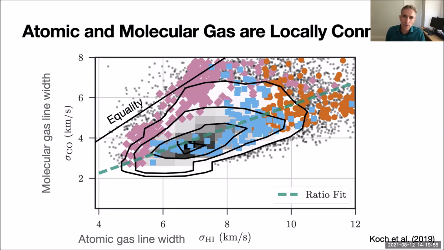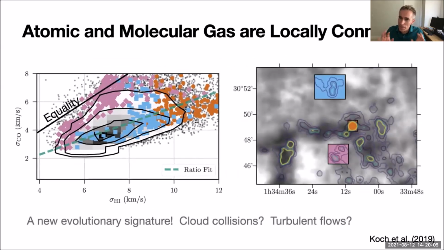The other thing that you'll notice is that there are sort of clusters of points with different colored data here. And those different colored data are actually different regions inside the galaxy. So we're seeing that there is this relationship, but that relationship changes from place to place within the galaxy. One cloud has a tighter correlation, or sort of a 1-to-1 line width ratio between the atomic and molecular gas, indicating probably an earlier evolutionary state.